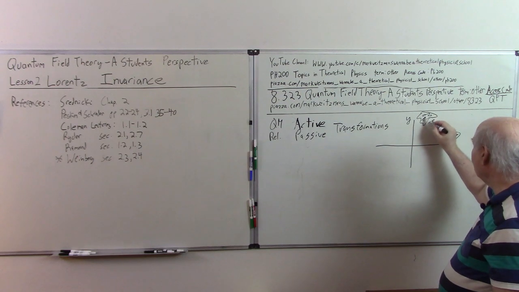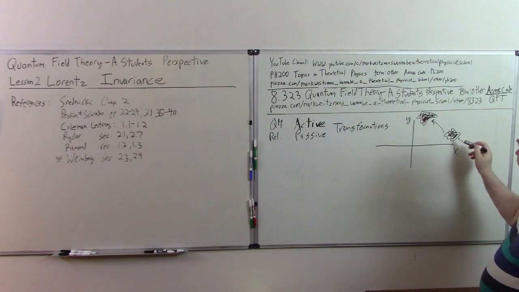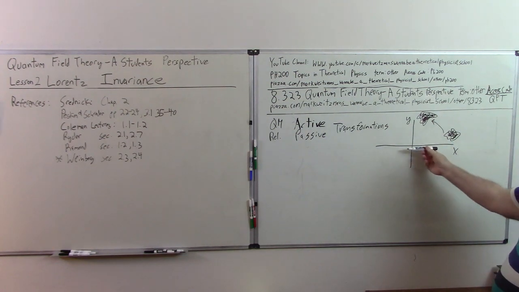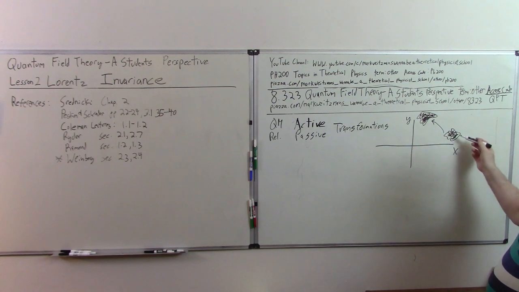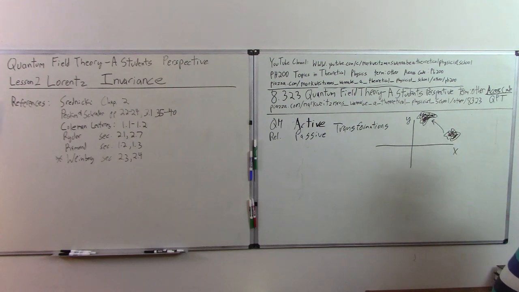You should do it without changing it, and I unfortunately can't draw, so it changed a little bit, but you can see that this is how we would represent a rotation. We keep the coordinate system the same, and we move the object, the lab, whatever it is that we're interested in transforming.